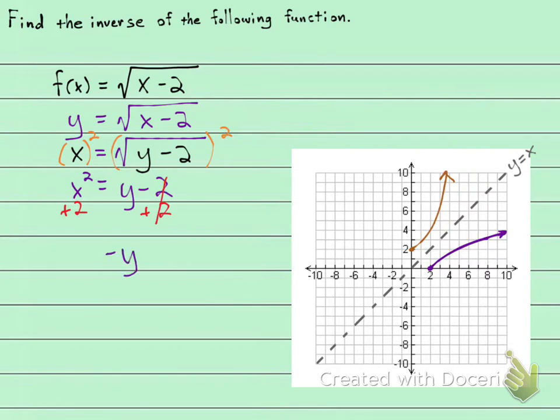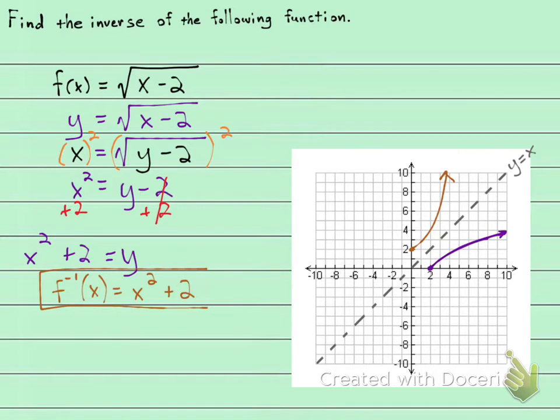So y equals x squared plus 2. This is the inverse function, so I'm going to write it right here. The inverse function is x squared plus 2.